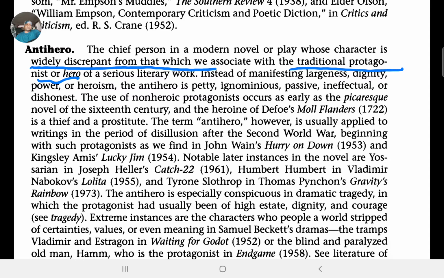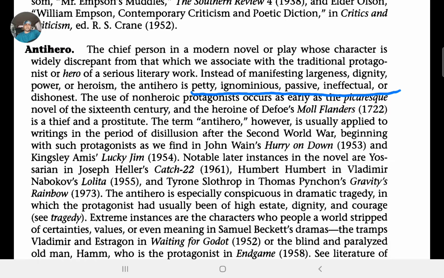Instead of manifesting largeness, dignity, and power of heroism, the anti-hero is petty, ignominious, passive, ineffectual, or dishonest. So these are the qualities which an anti-hero could possess.